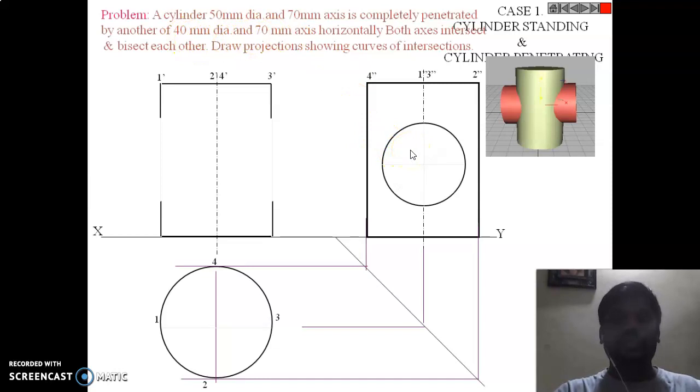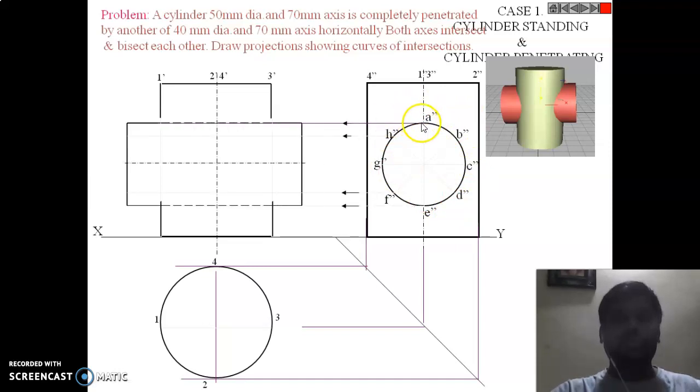Similarly, we need to draw the front views and top views of this vertical cylinder as well as the horizontal cylinder. The horizontal cylinder is divided into 8 divisions. Now project all those points from the side view cylinder circle onto the front view. It is bisecting, intersecting at the axis. How much is this? This is 70. So at the center both are intersecting.